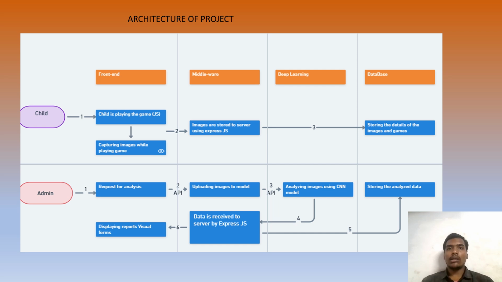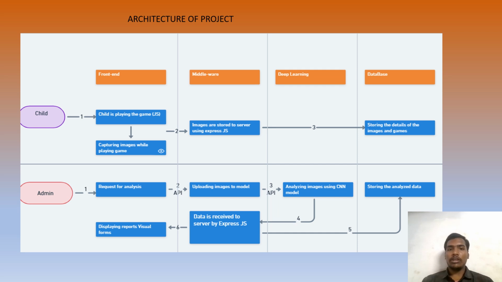And middleware, that is the Express.js server. The captured images are sent to a server built with Express.js, which stores the images temporarily. Then the deep learning model is used for analysis. The stored images are processed by a Python-based model that uses the DeepFace library for analyzing images, and which analyzes the child's expressions to determine the sentiment.